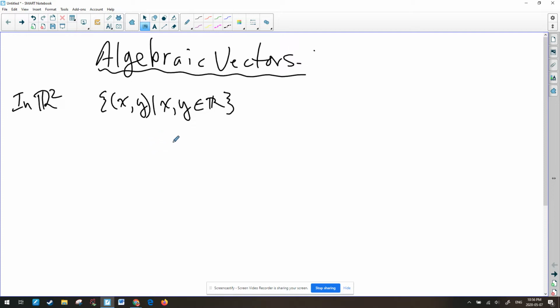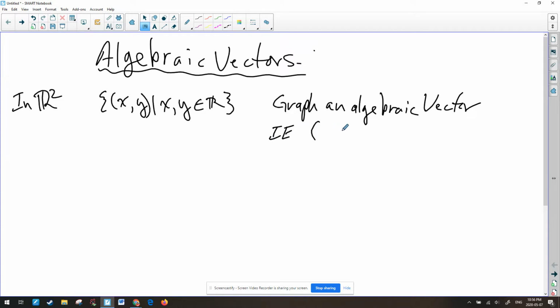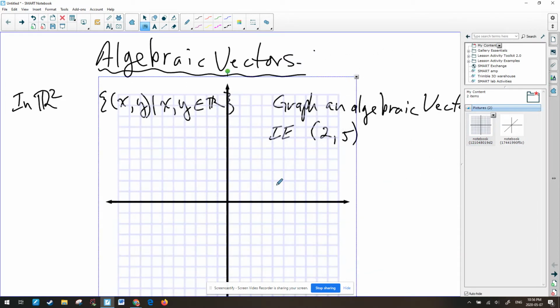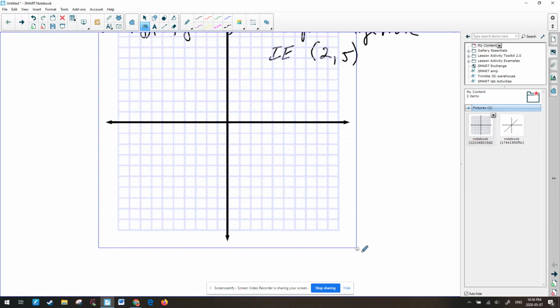So think about when we graph algebraic vectors. Imagine that I want to graph the algebraic vector 2, 5. The way we would do that is we can pull one of these out. I'm going to make that a little bit smaller. It doesn't need to be that big.